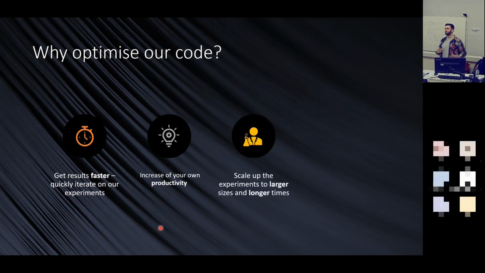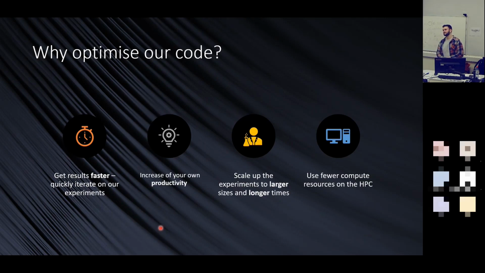But the main reason why people are actually interested in this is because it lets you scale up your experiments and your simulations to much larger sizes. And these much larger sizes are often more interesting and also give you a bit of a competitive edge in the scientific domain, because if you can go to bigger system sizes, then your paper looks more impressive to the journals.